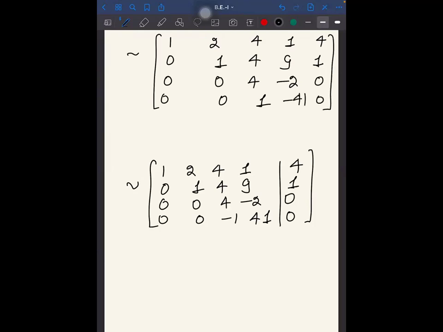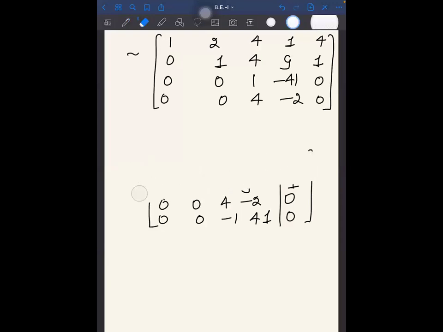Yes. Is it fine? Or I should write it as 1 minus 41, 4 minus 2. Can I do this?